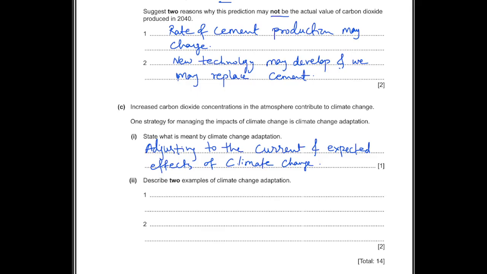Two examples of climate change adaptation: grow crops that resist warm or dry conditions. Okay, crops that resist the warm. This is how the plant can get accustomed with the change of the environment.